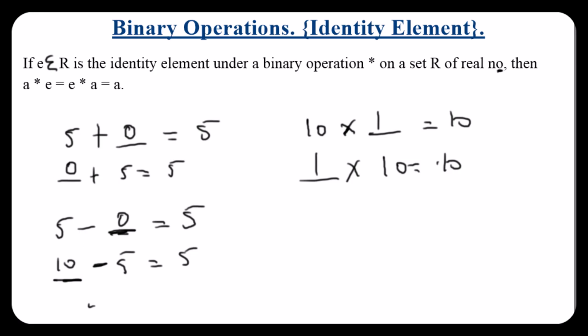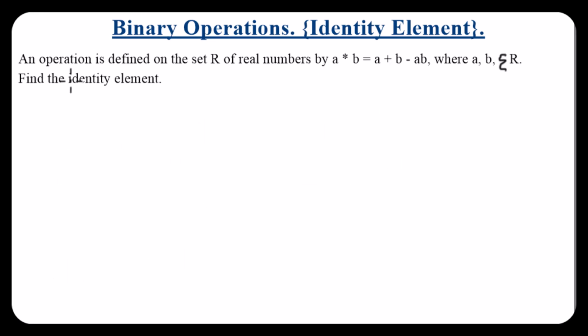So let's look at a more valid approach, an example of how to find the identity element of a given operation. We're told that an operation is defined on the set R of real numbers by A star B equals A plus B minus AB, where A and B are all members of the real numbers set R. So we have to find the identity element.